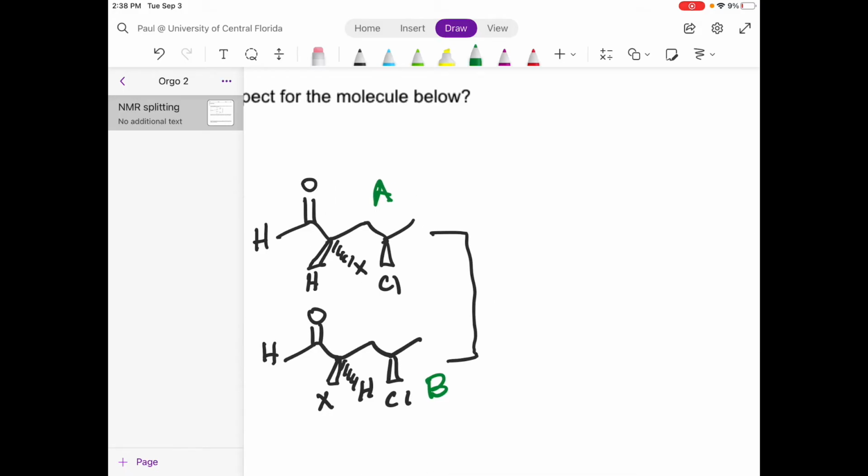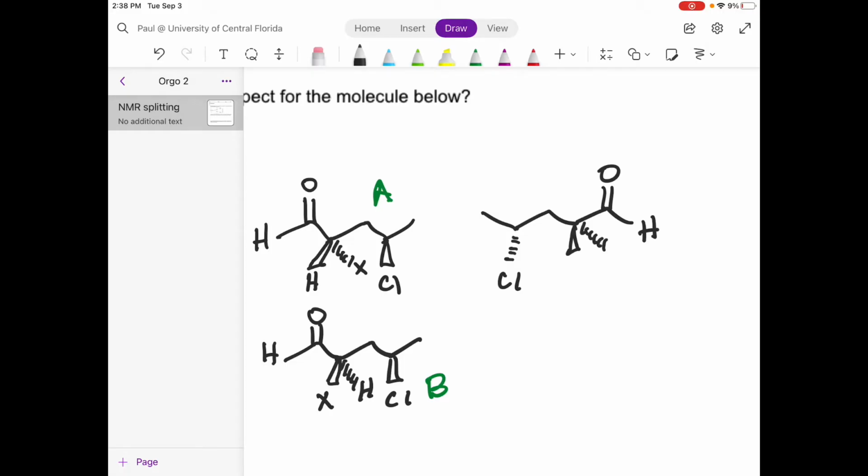Now, can you find that B and A are mirror images to one another? In order to try to do that, you would have to take B or A, it doesn't matter, but I'm going to take B, and I'm going to flip it 180 degrees to make it look like this, because what I'm trying to attempt to do is to get a mirror image. So if I take B and flip it 180 degrees, then now the chlorine atom right here is going to be a dash, and my wedge and dash right there is going to flip.